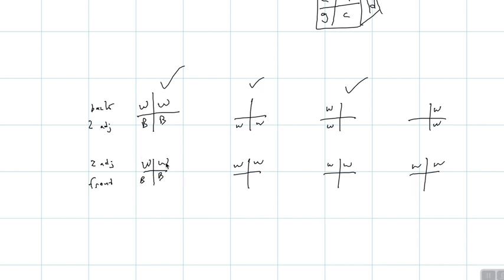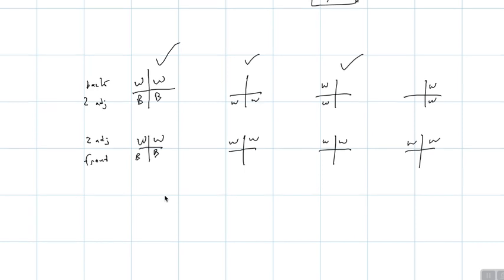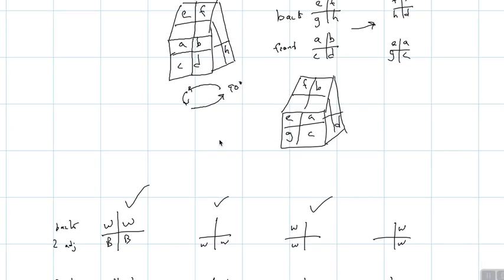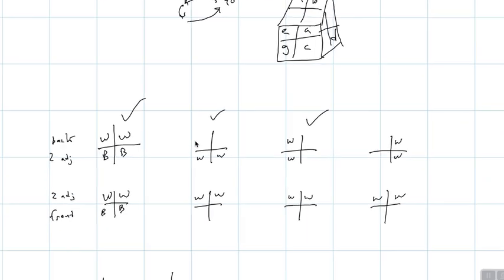And so the reason why I'm only considering in the front these is, for example, let's just say the back and the front. Let's say instead of putting this in the front, I had it like that in the front, and in the back it was like that. So previously we were rotating around like that, but you can also rotate each face clockwise or counterclockwise.